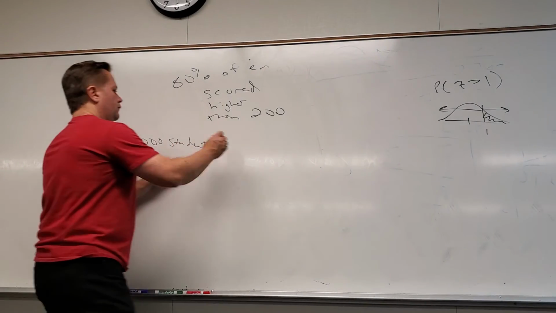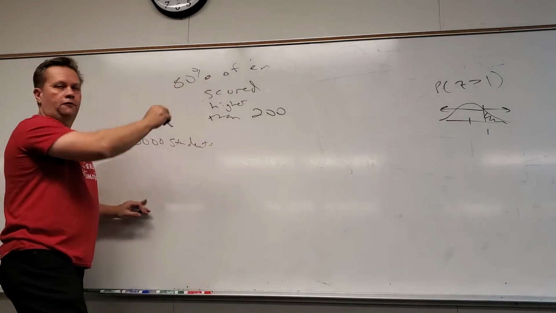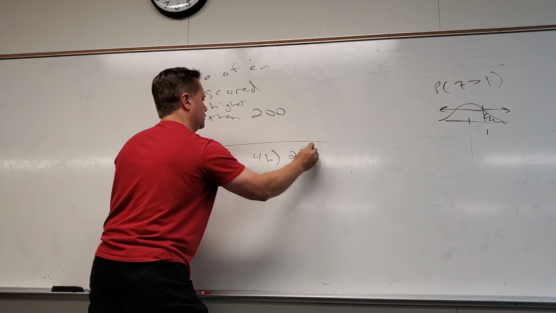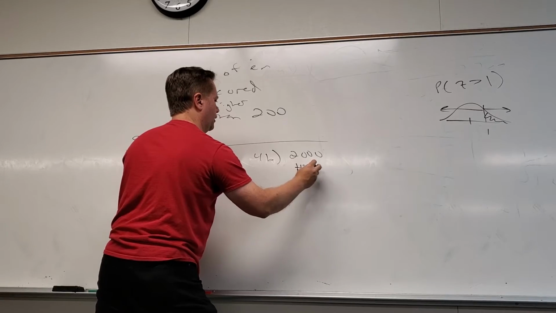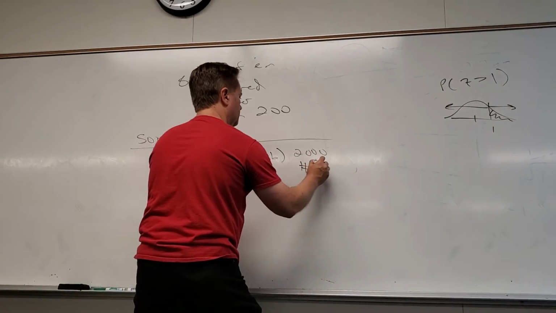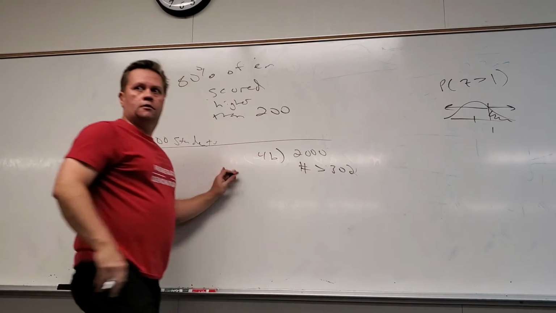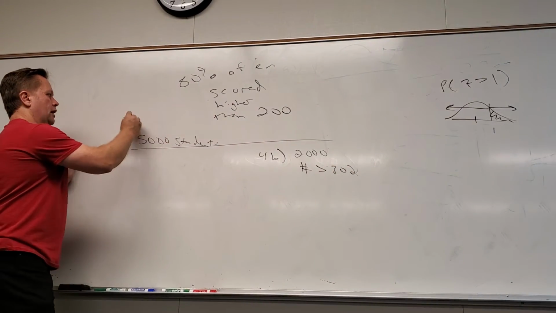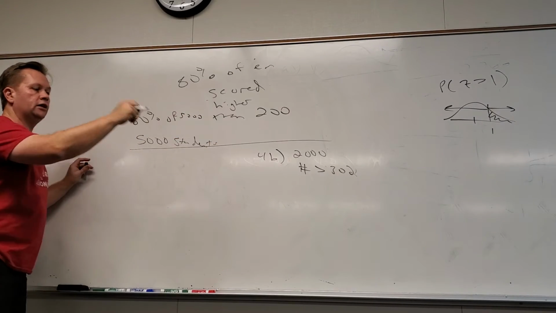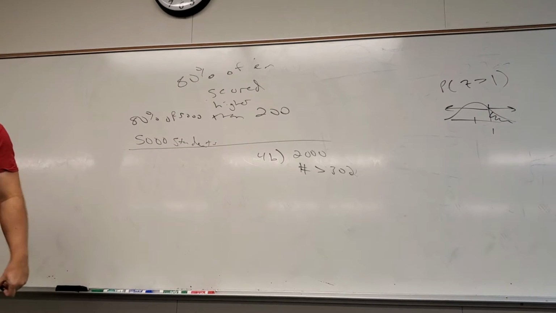So that's not what 4B says, but it's the same idea. 4B says I've got 2,000 students. What's the number of them that will score more than 302? So why could I do this problem? Because I knew the percentage to take of 5,000. So here, what percentage do I take of 2,000?